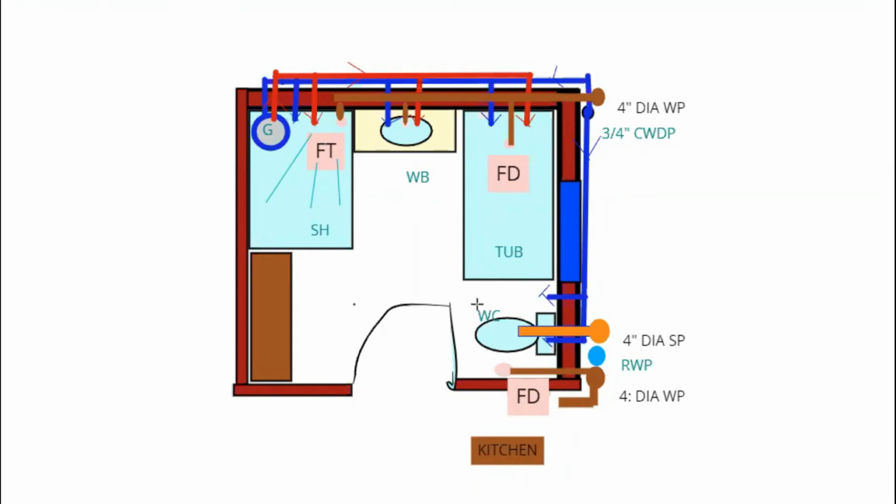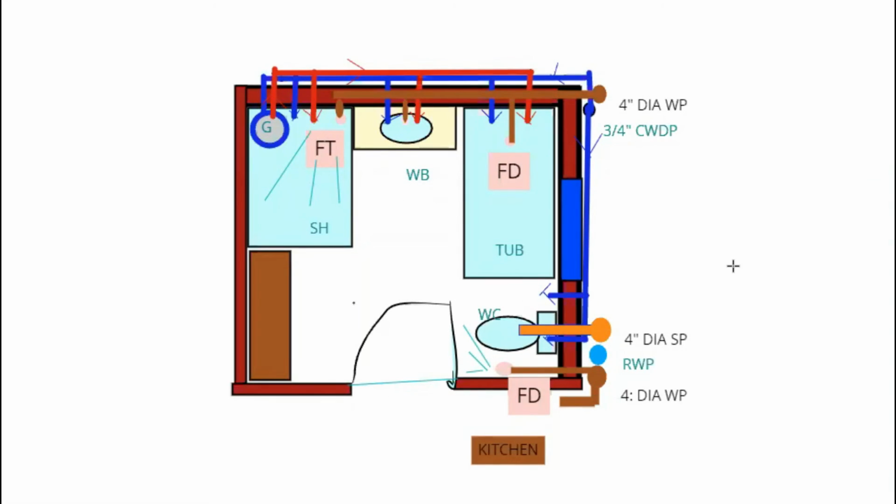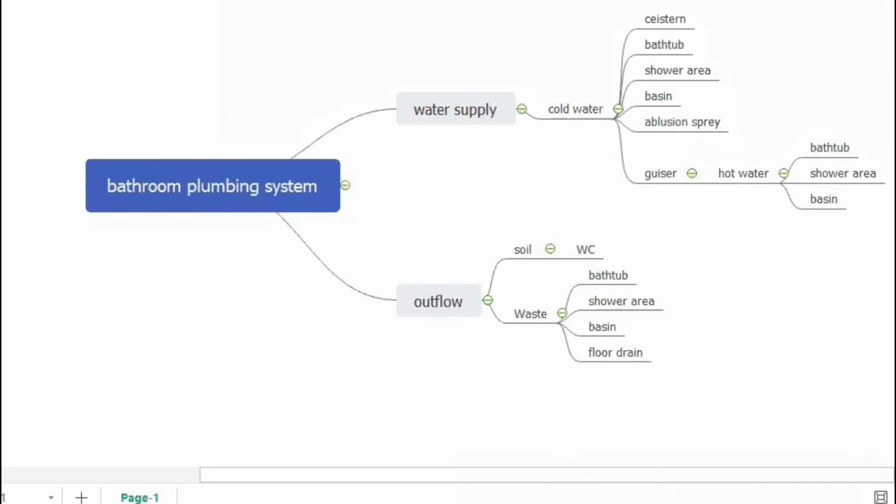And here the slope is automatically there, and to this also you make a sign of slope, so that the floor tile will be laid in such a manner that water either goes that side or comes this side, just to get it within the trap or drain. So that is all about how I explained this plumbing, the WC, bathtub, shower area, basin project.